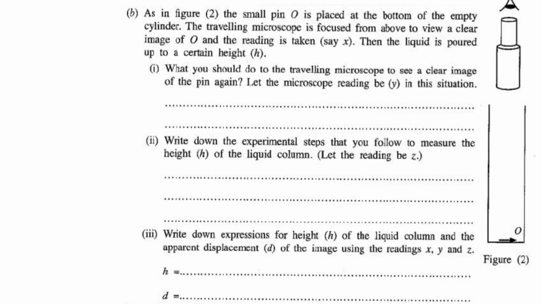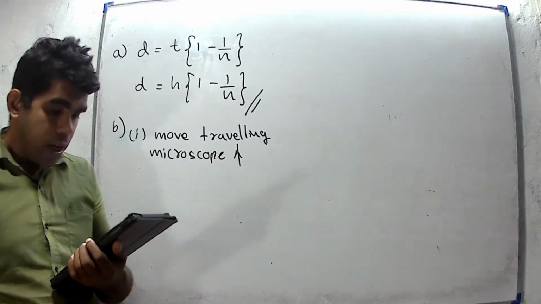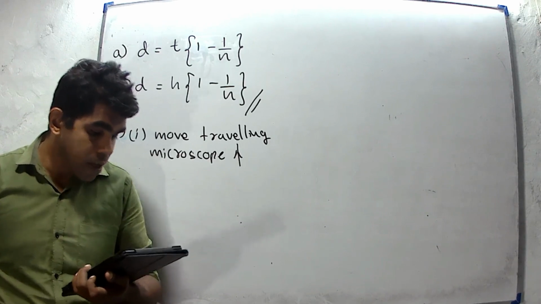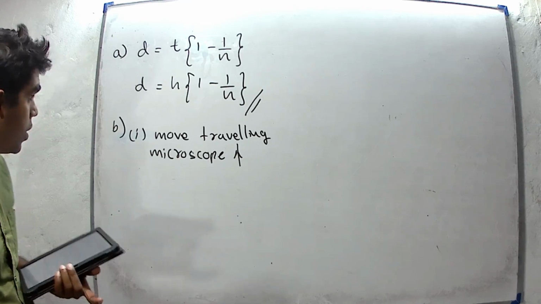Part 2, write down the experimental steps that you follow to measure the height of the liquid column. Let the reading be Z. They have given fine plastic pieces which can float on the liquid and a large syringe.